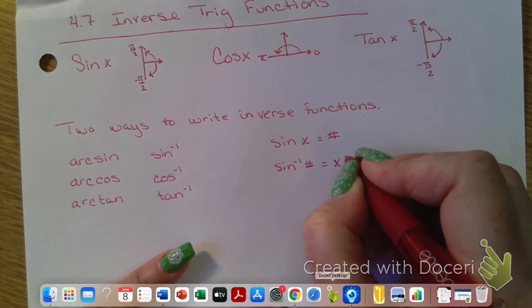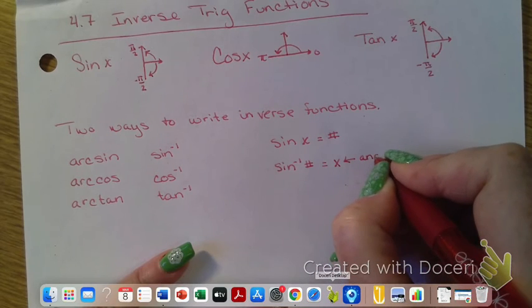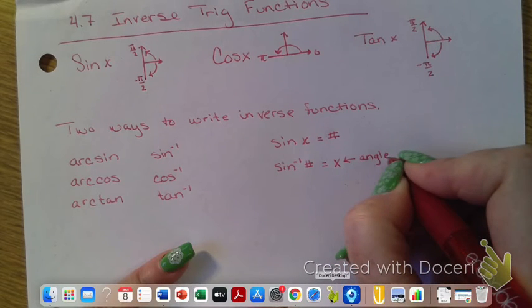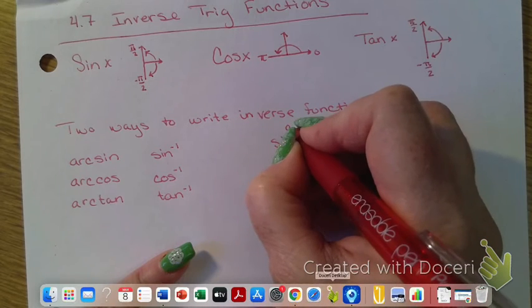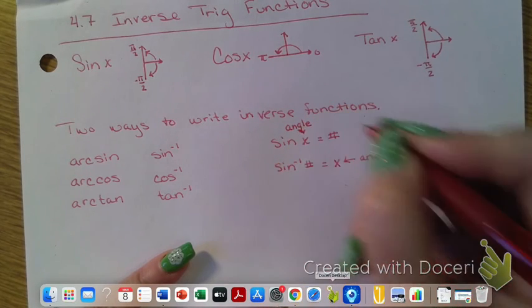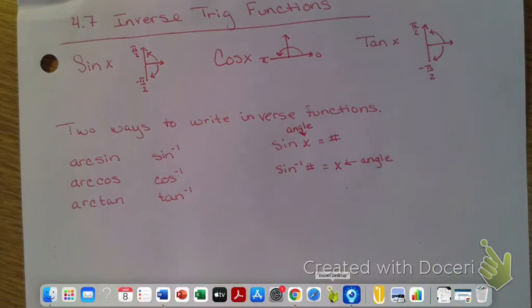And x is the angle. So we have found the sine of 30 degrees. We found the tangent of 45 degrees. But now I'm going to give you a tangent and you have to tell me the angle. So all you have to do is take the inverse of it. Correct? That's it. Shouldn't be too hard.